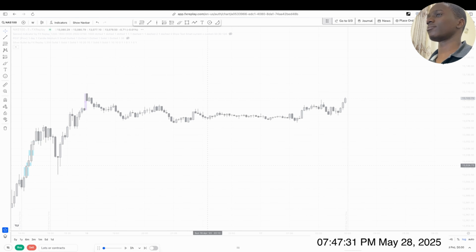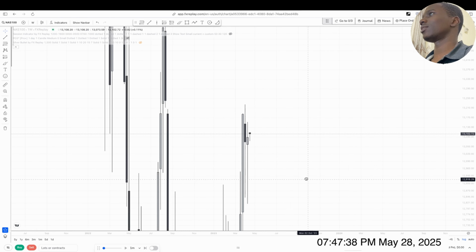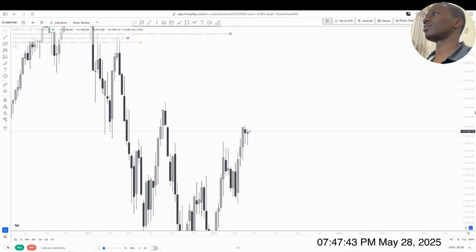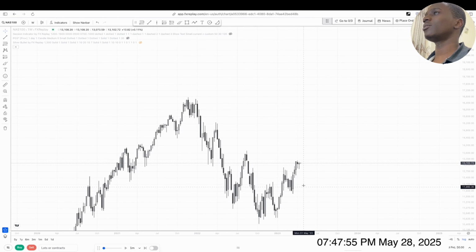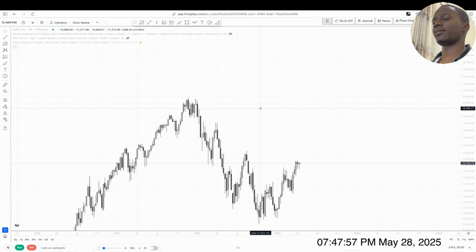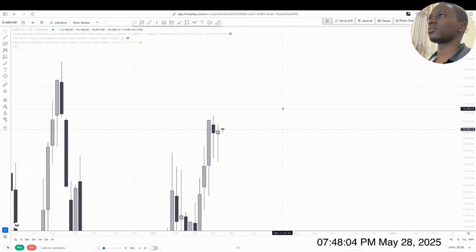So the weekly, you can see you have previous weekly high, previous weekly low right here, and we were dropping, and we had took out this low right here, and currently in this zone, which means we have the potential to push higher.